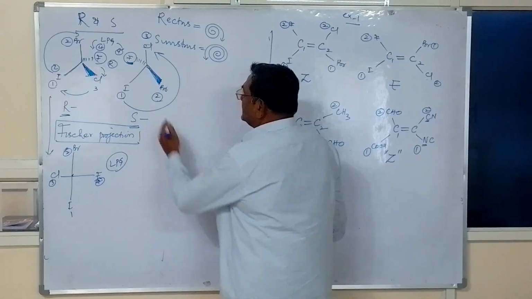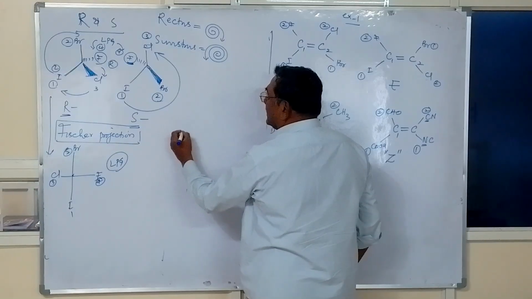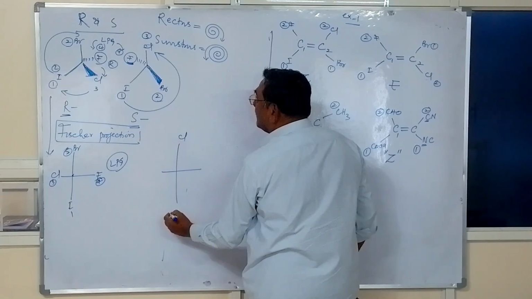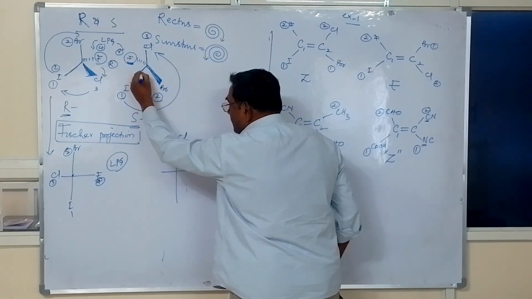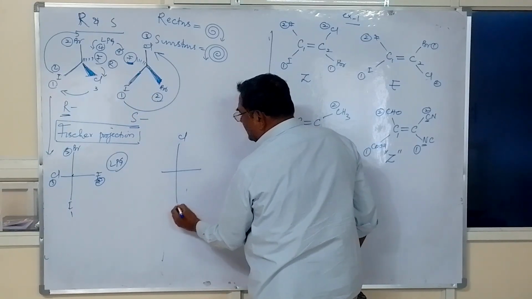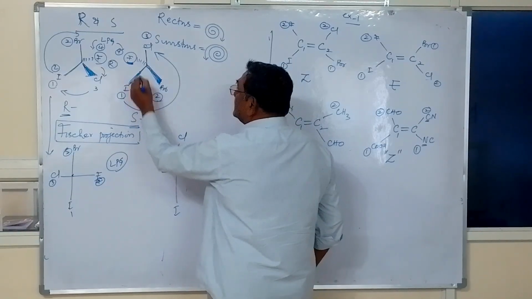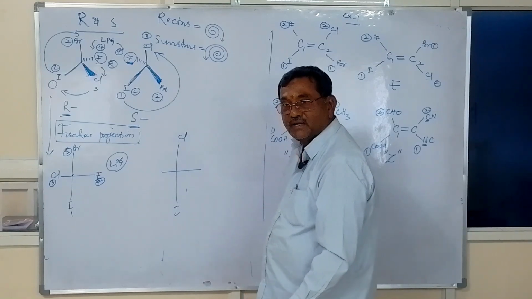Now, let's take this also, children. Whatever the two groups are going to be, I'll write down chlorine here, and on the two-dimensional plane, that's going to be on the plane of the board. And then I am writing as it is. Here it is left, and this is also shown as left.